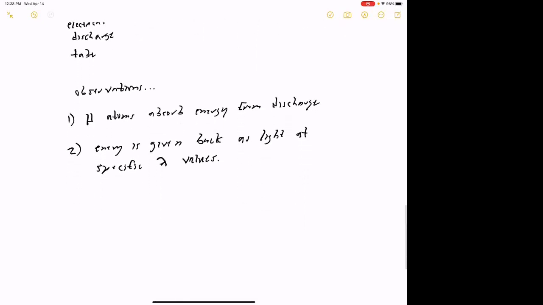So what's the result of all of this? Well, the overall result that's important to us is that the hydrogen atom, when we get it excited by letting it absorb energy, gives the energy back, but it only gives off specific energies. And that's indicated by the specific wavelengths we get.